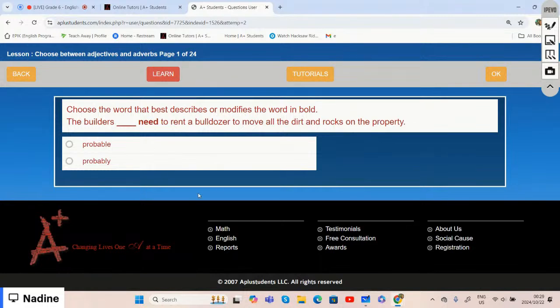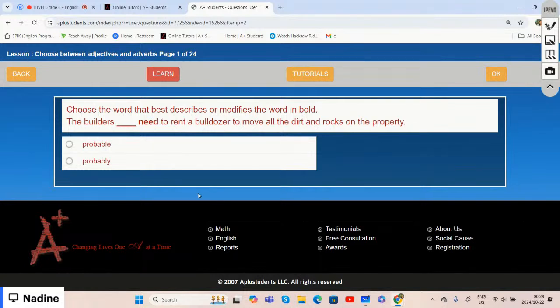So need. Do we say the builder's probable need to rent a bulldozer to move all the dirt and rocks on the property? Or do we say the builders probably need to rent a bulldozer to move all the dirt and rocks on the property? Which one is correct?